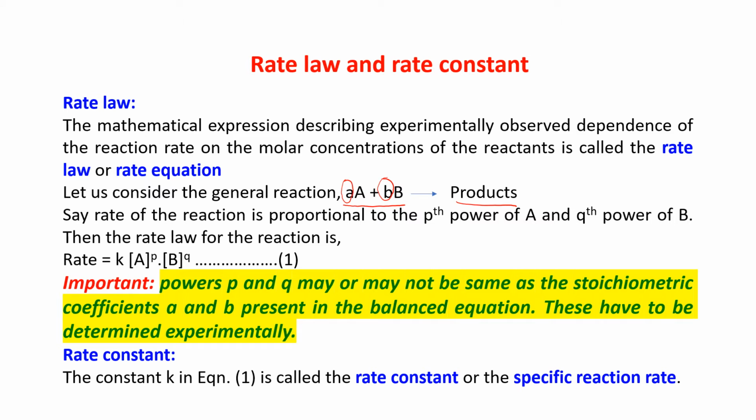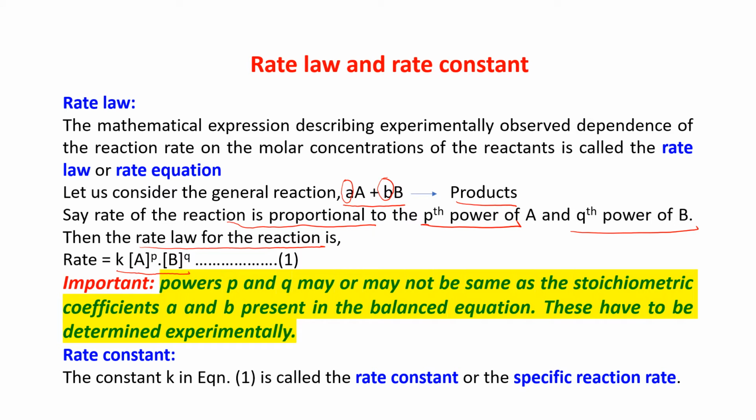I have told you all these things in the previous lecture. So, let us consider that rate of a reaction is proportional to the pth power of A and qth power of B. This is experimental value. So, the rate law for this equation can be written as rate is equal to k A to the power p and B to the power q.